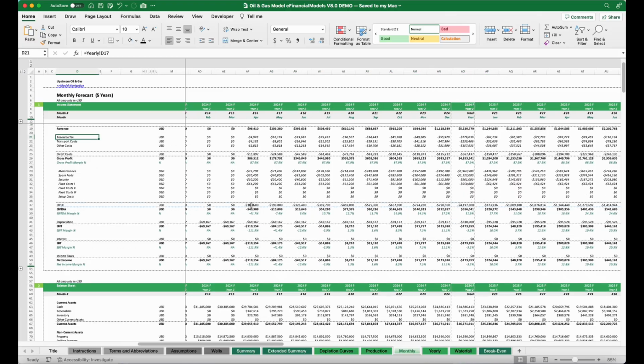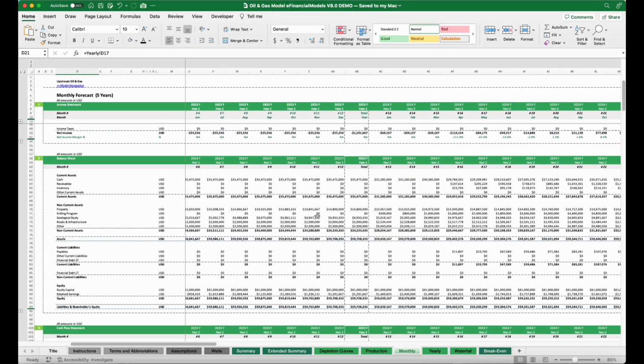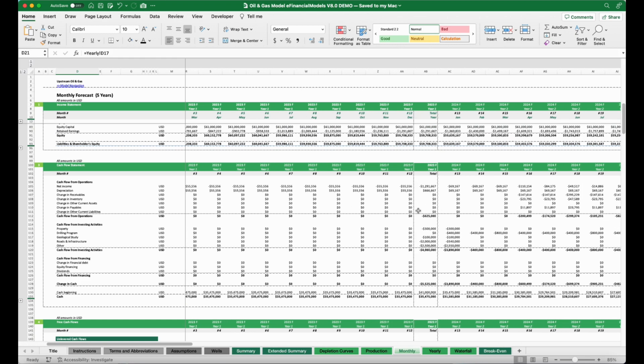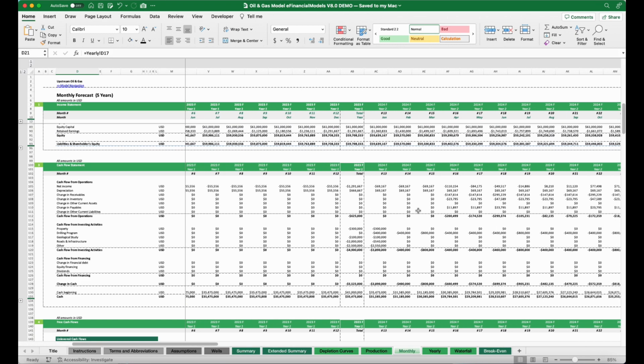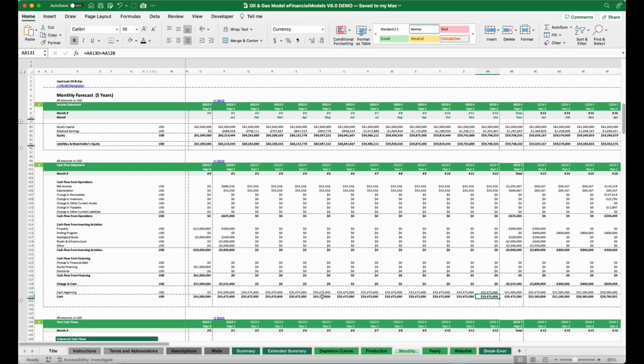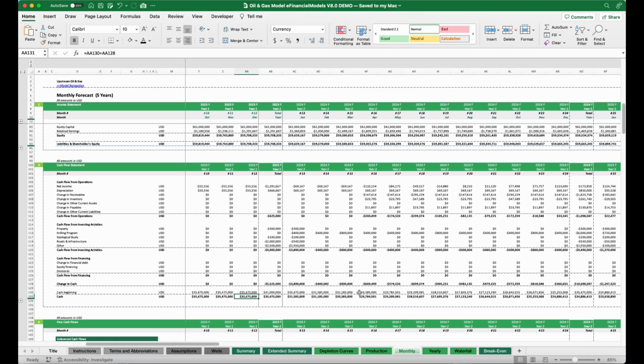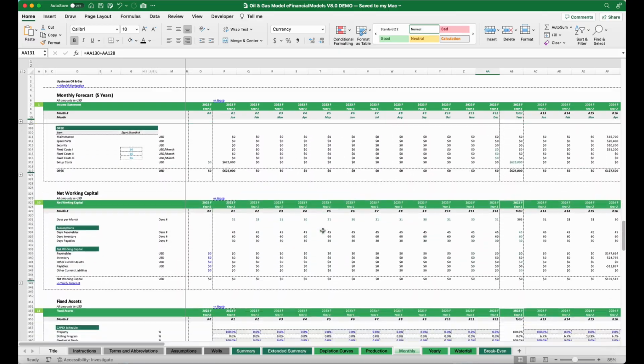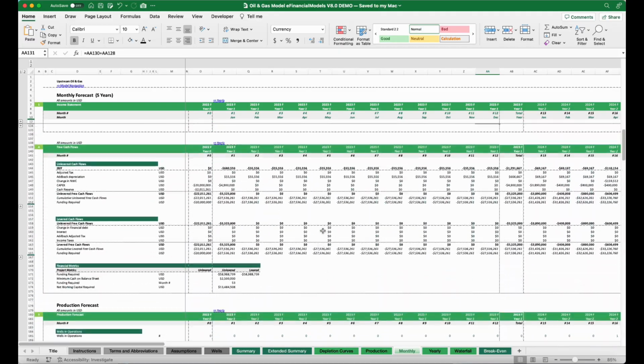The costs and then the CAPEX is pulled from the other sheets so that we can forecast the whole cash flow statement, and we can also track the cash balance during the first years on a monthly basis. Here below are all the schedules which form the supporting calculations.